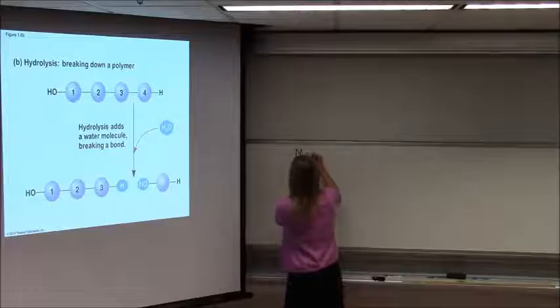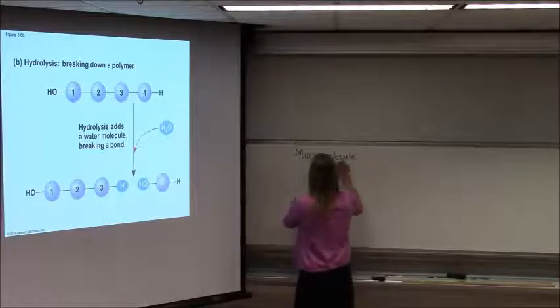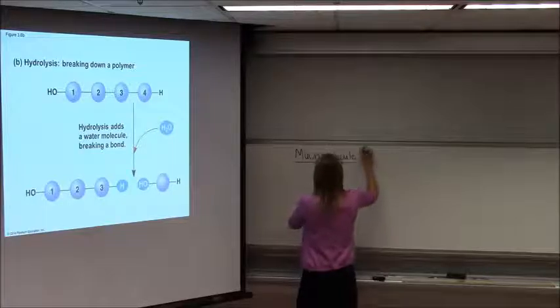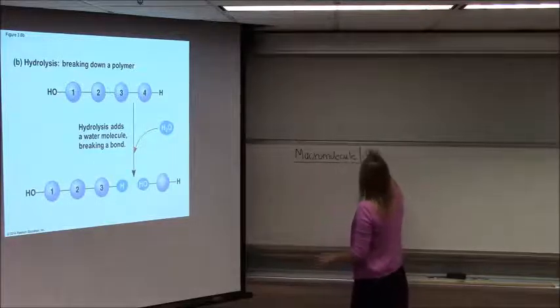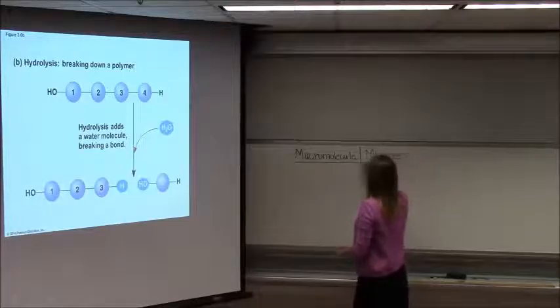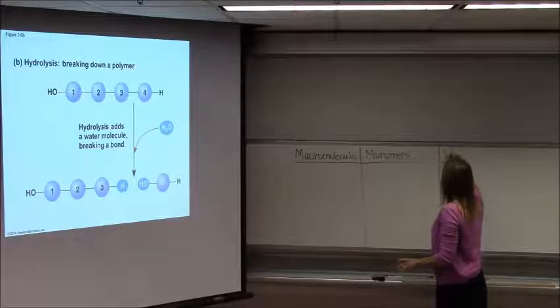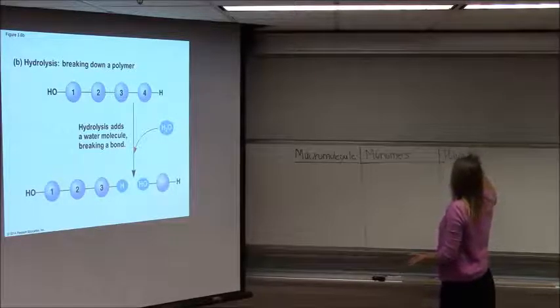Okay, so this is going to be our list of macromolecules. These are going to be the terms we use for the monomers for that macromolecule. And then these are going to be what we call the polymers.